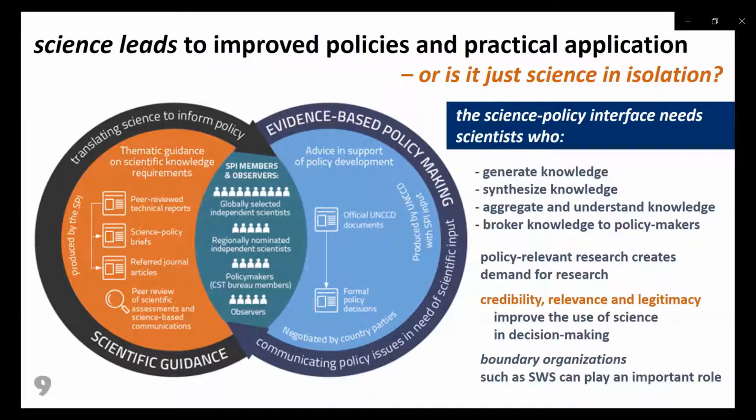There are, however, a lot of problems with it if you look at it in reality. So let's maybe, standing here at the scientific side, at the side of the researchers, let's think what type of scientists are essential for that process to run smoothly.